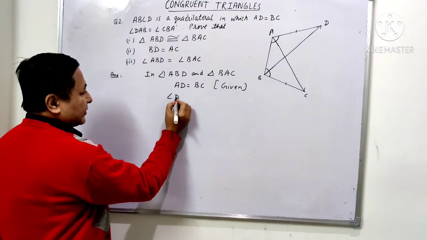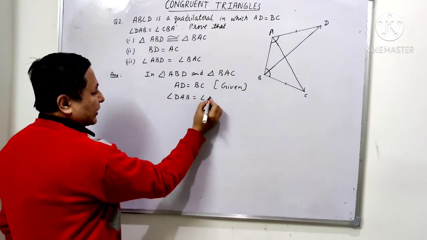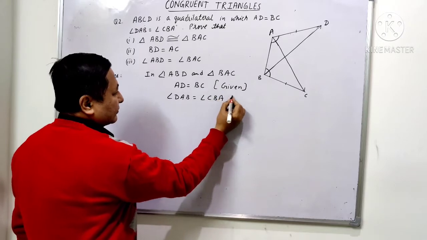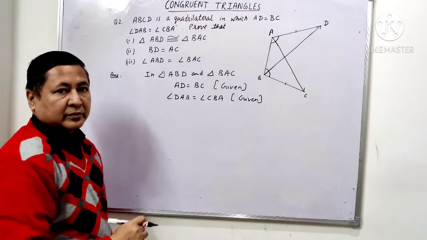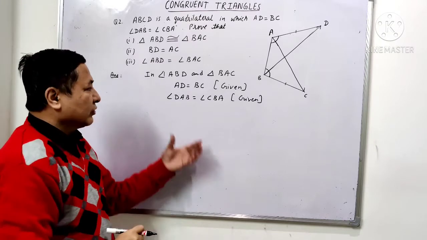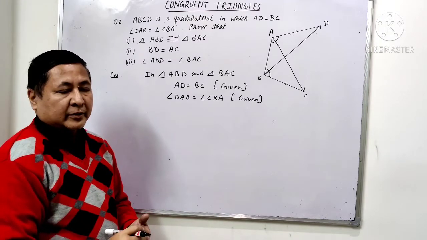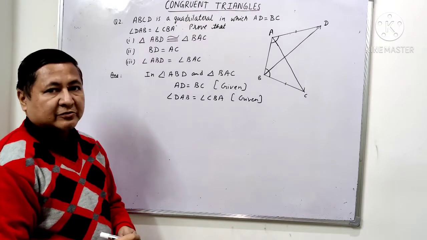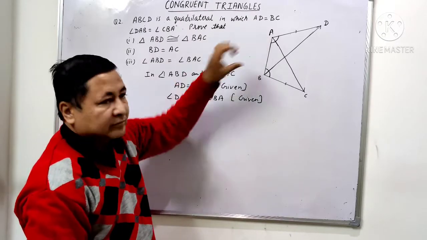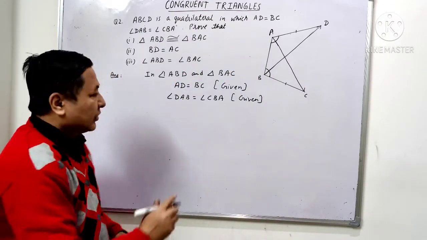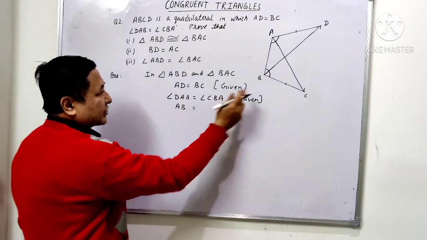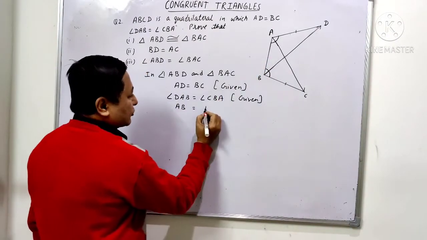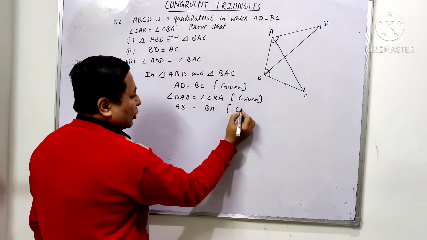Now one more thing is required to prove congruence. If you see the two triangles carefully, you will find this side AB is common in both. If I take AB in this triangle, then in triangle CBA it will be equal to BA. So this is common.